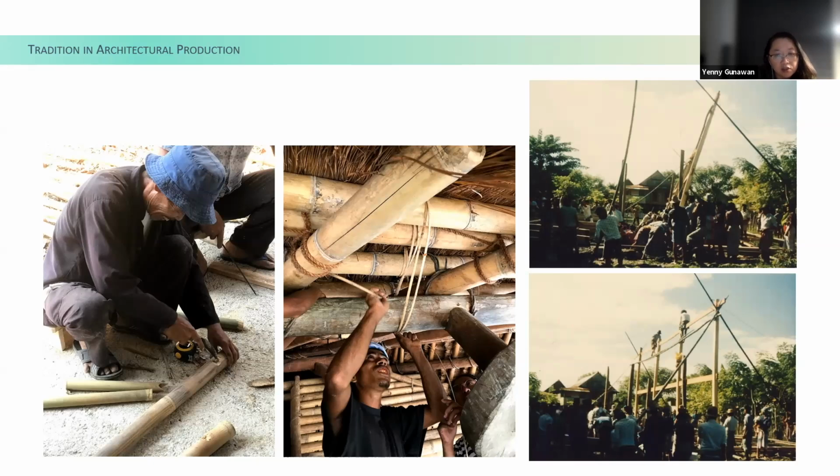In the case of vernacular architecture, this architectural production is a know-how tradition practiced in their everyday life. They know how to knot a rattan rope, how to replace a rotten bamboo, how to choose a wood for main structure, and so on.